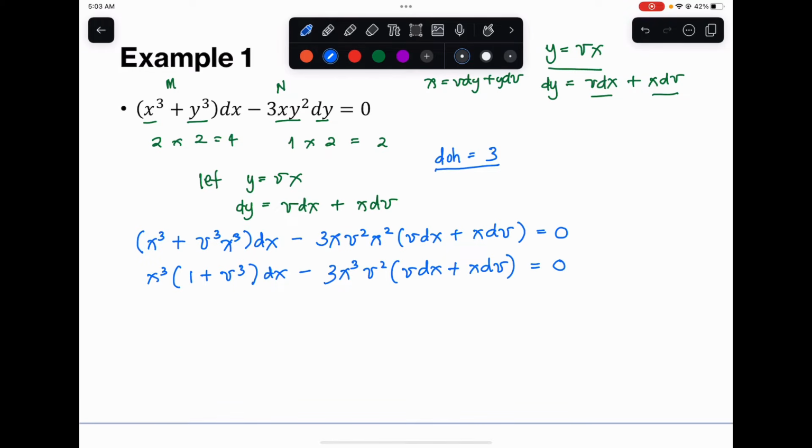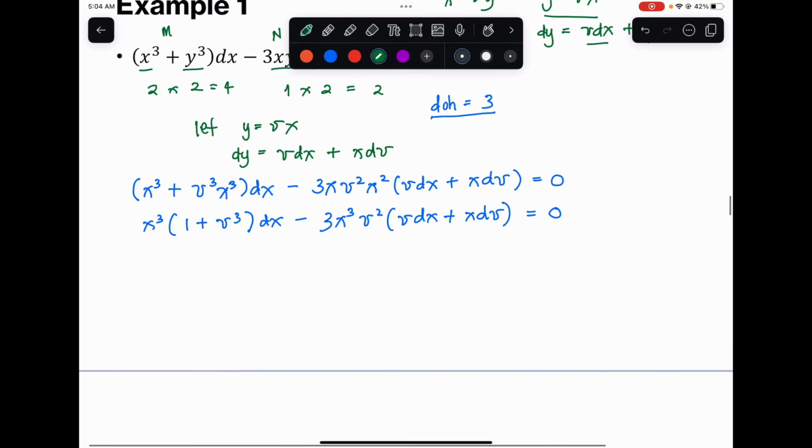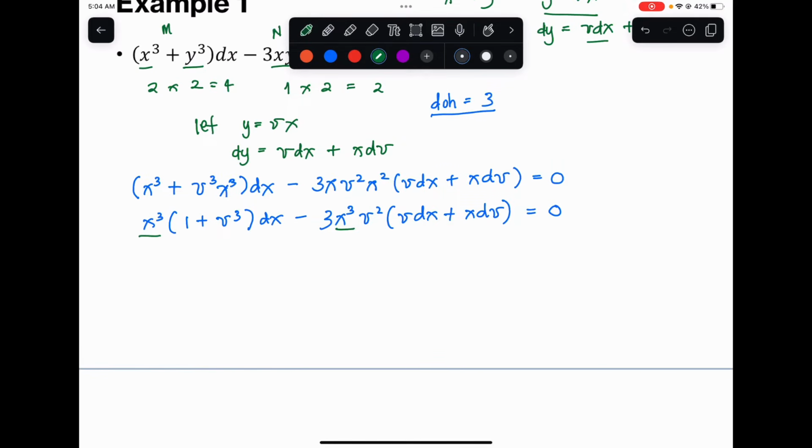So this is the idea for the degree of homogeneity. If the degree of homogeneity is 3, and we let y equal vx, a term with a power of 3 can be cancelled out from the given equation. In this case, what is common to both is x cubed, so we can divide everything by x cubed and it will cancel out.